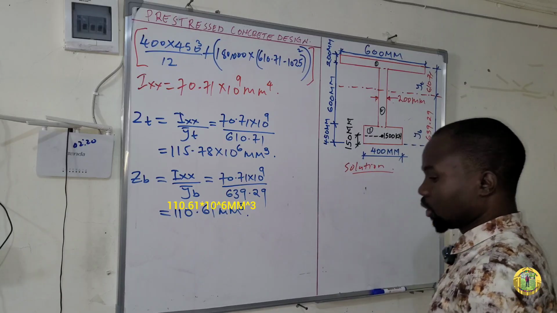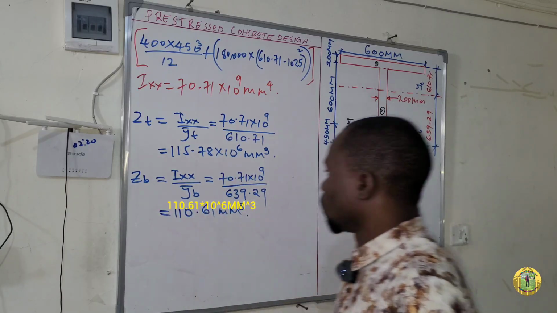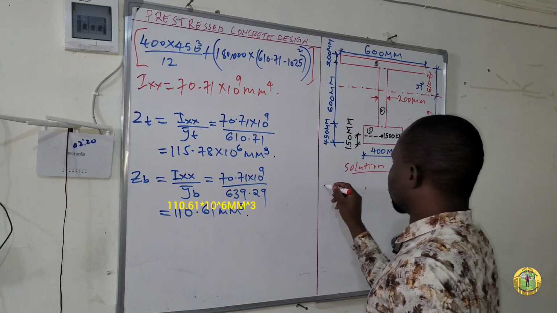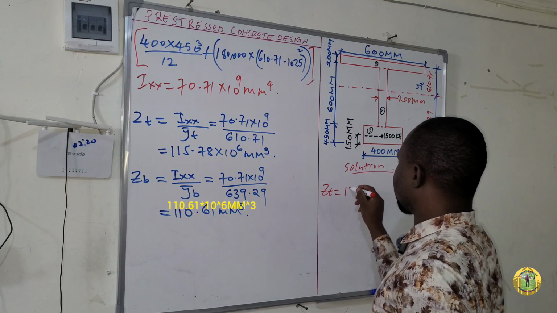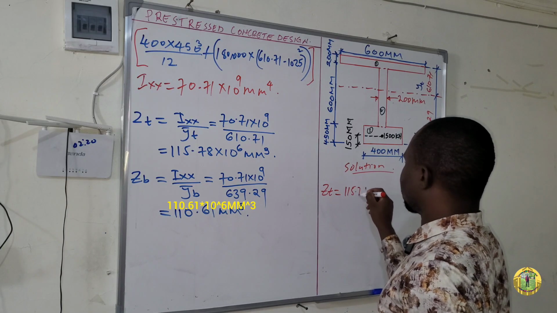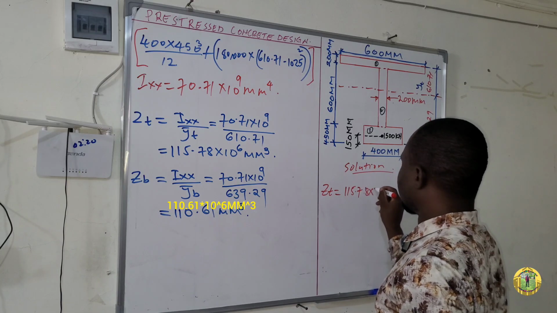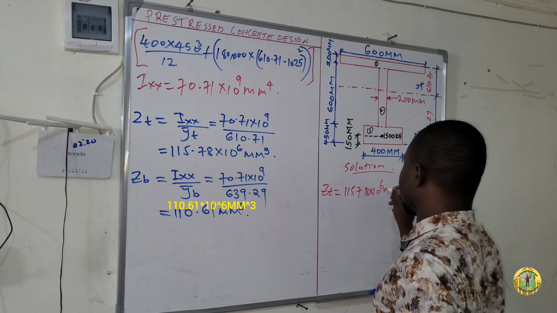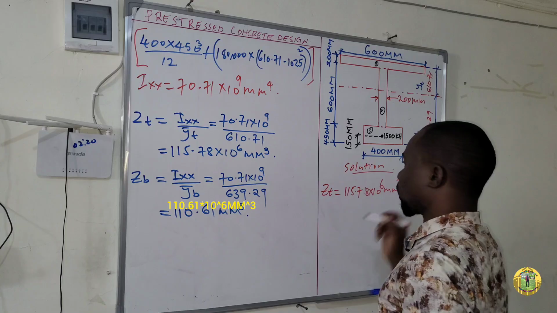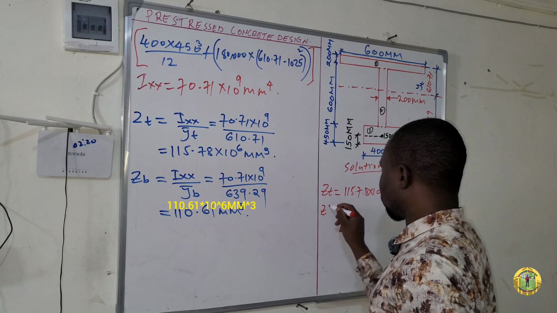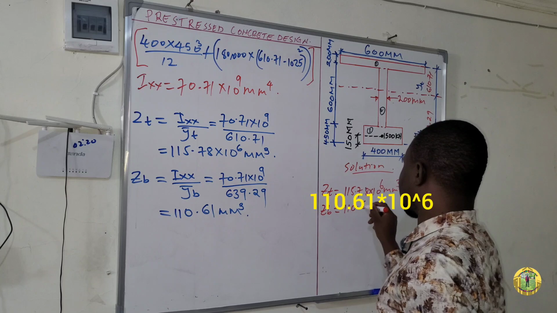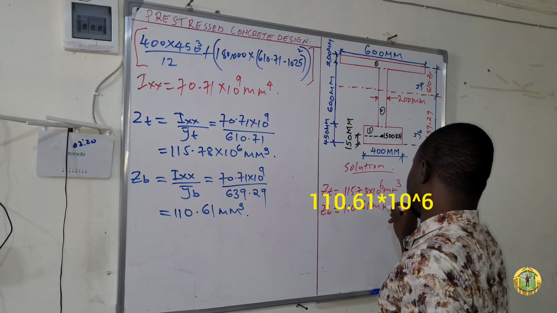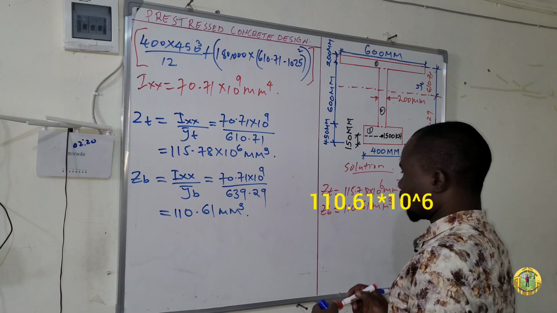So you will say Z top is equal to 115.78 times 10 to the power of 6 millimeter cubic. And then Z bottom is equal to 110.61 millimeter cubic.